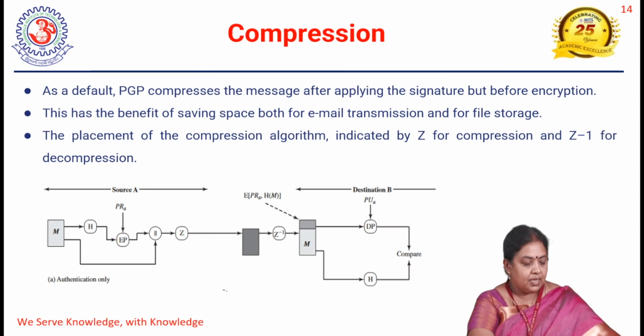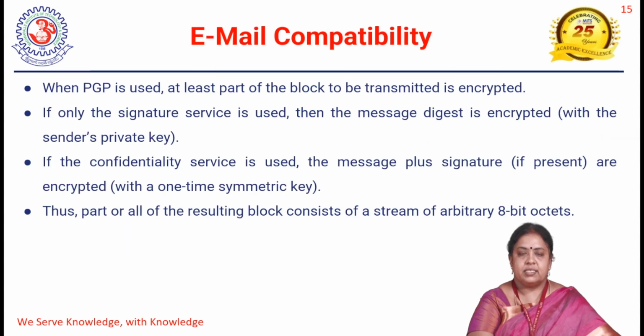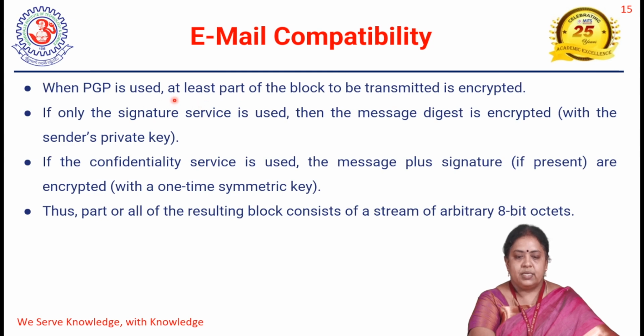Next, coming to another type of service that we call email compatibility. What does email compatibility mean? When PGP is used, the block to be transmitted is encrypted. If the signature service is used, then the message digest has to be encrypted.